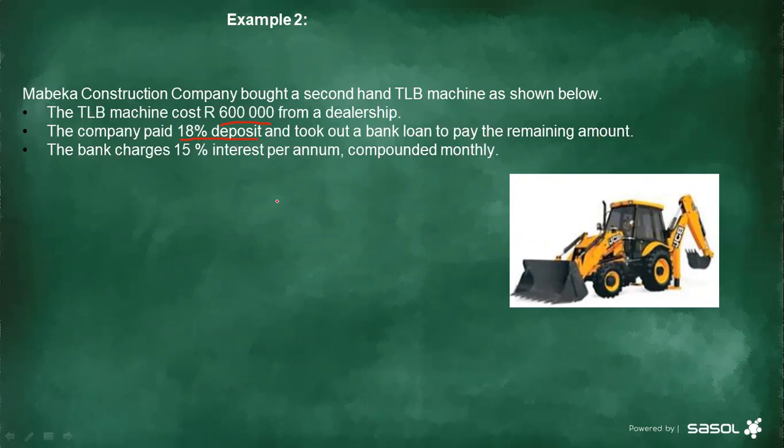The remaining amount that needs to be paid, this construction company then went to a bank and borrowed. The bank charges 15% interest rate per annum compounded monthly. Calculate the amount the company loaned from the bank.